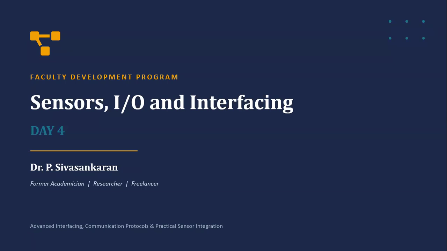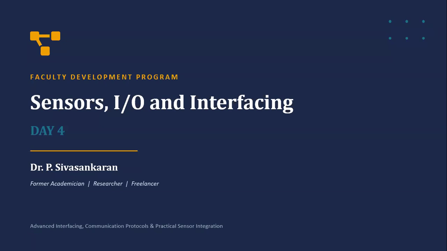In today's FDP session, we are going to discuss different types of communication protocols and a few notes on the importance of sensors and their primary functions in industrial robotics. We will explore how sensors communicate with controllers using analog and digital interfaces.